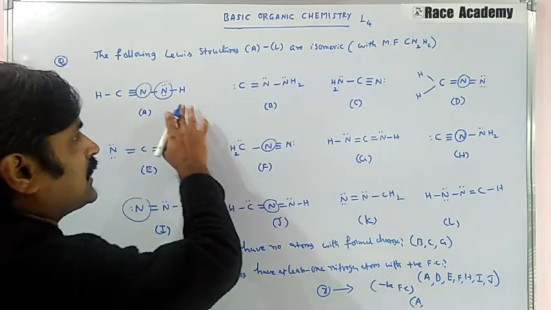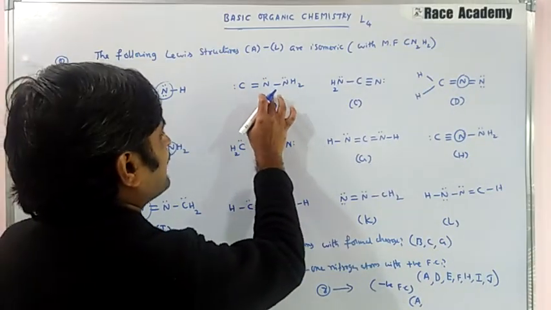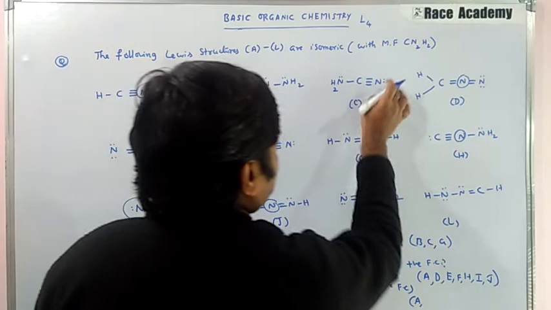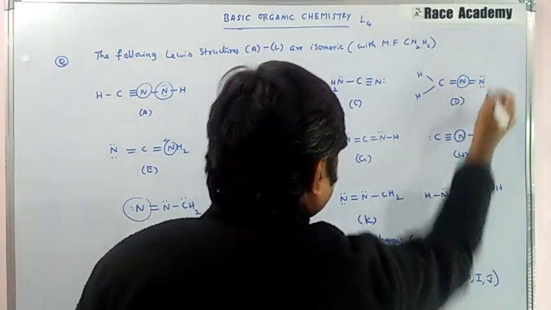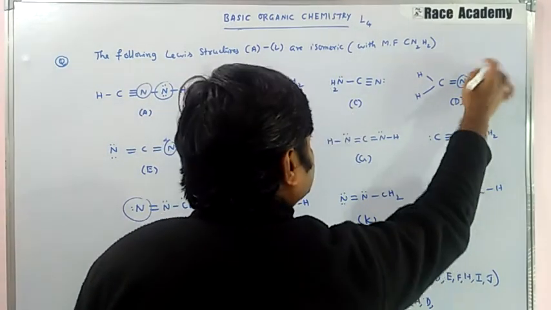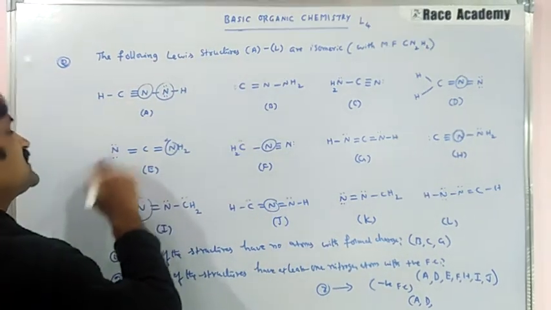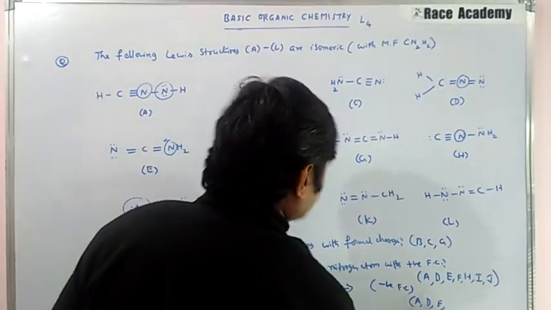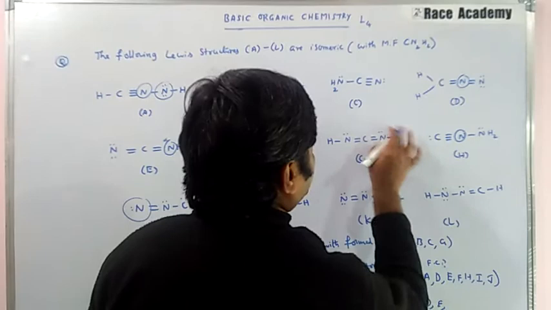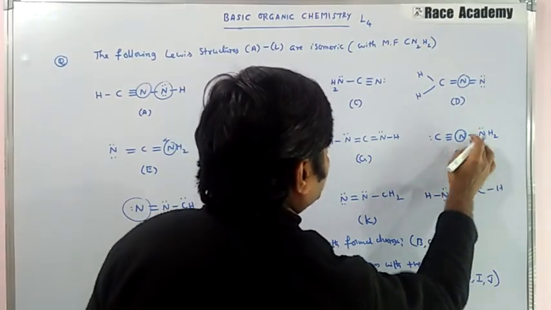Likewise, you start observing here. This is having a 5, neutral. This is not having. This is having, yes, D. Here 6 are there, and here 6 are there, A, D, E, and here nothing is there. Here we have 5 are there, here 5 are there, here 5 are there.